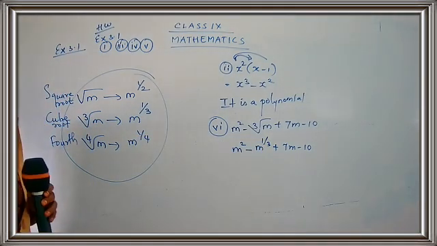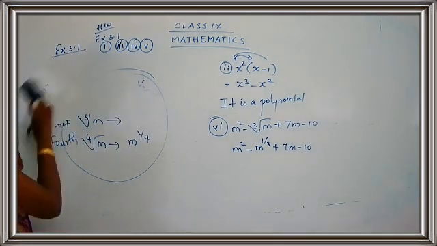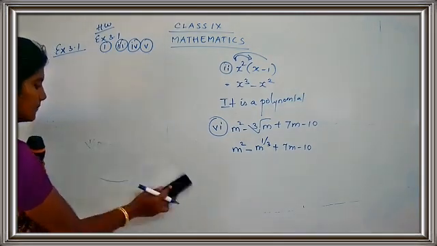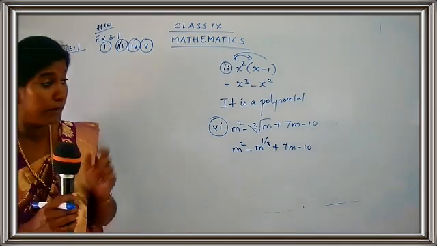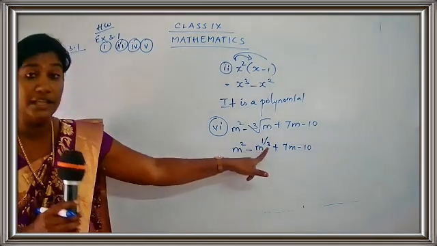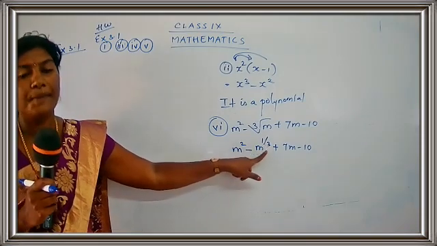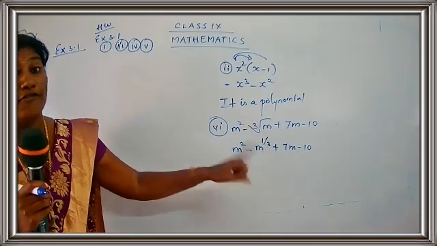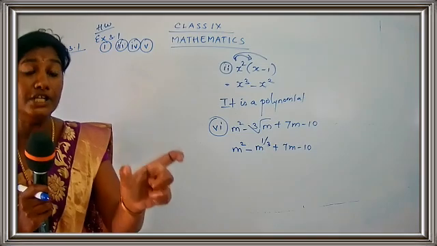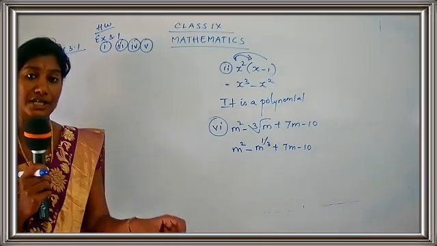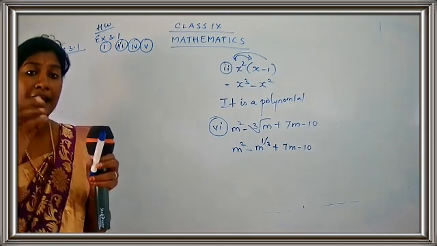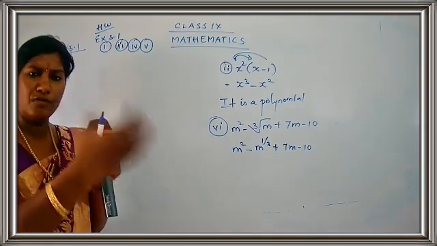Now the question was to check whether it is a polynomial or not. What about this? It is not a polynomial. Why is it not a polynomial? Because you are having a power in the form of a fraction. The power is in the form of a fraction. You don't want the fraction. You want an integer part, a non-negative integer. That means you should only have a number like 2, 3, 4, 5, 6 and so on.